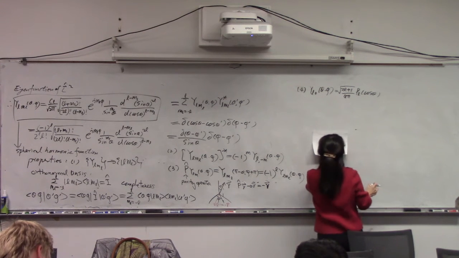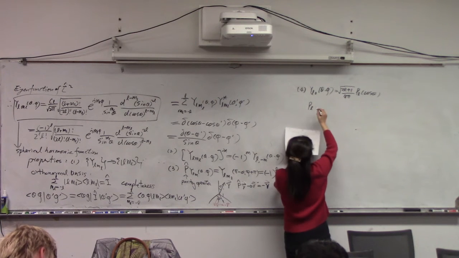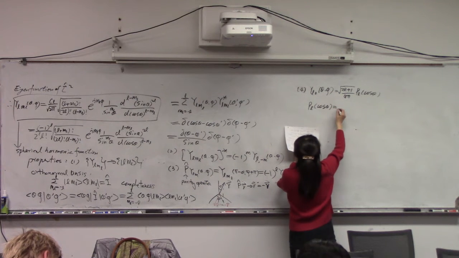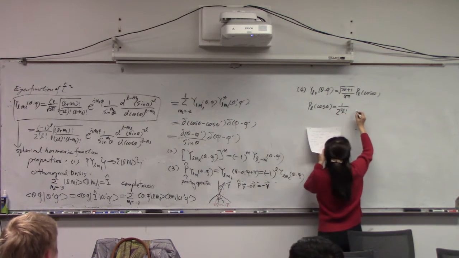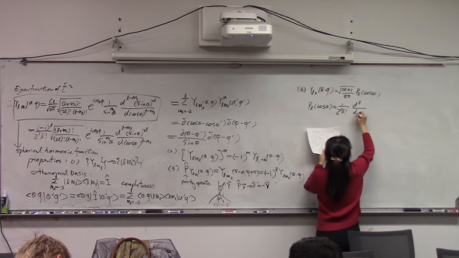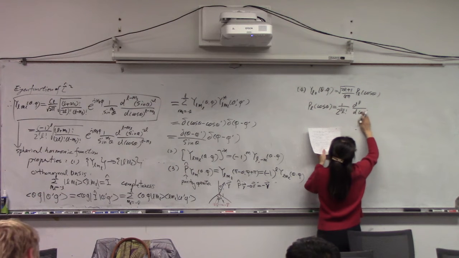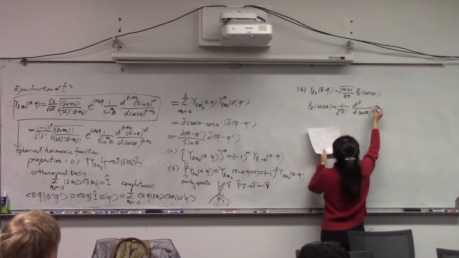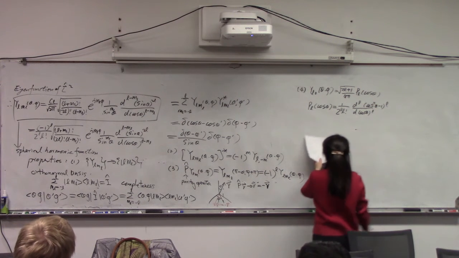P_L is the Legendre polynomial, right? If you remember this definition, it involves d to the L's power in cosine theta of cosine squared theta minus 1 to the L's power.